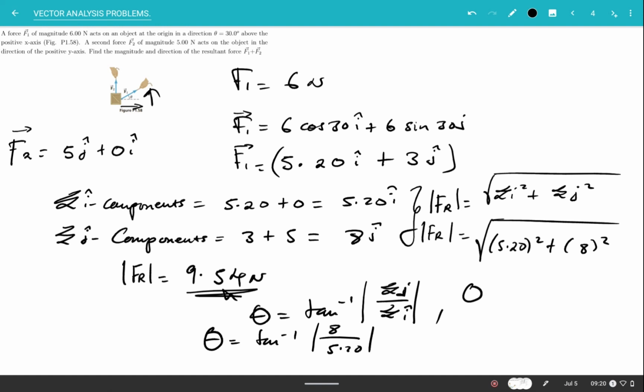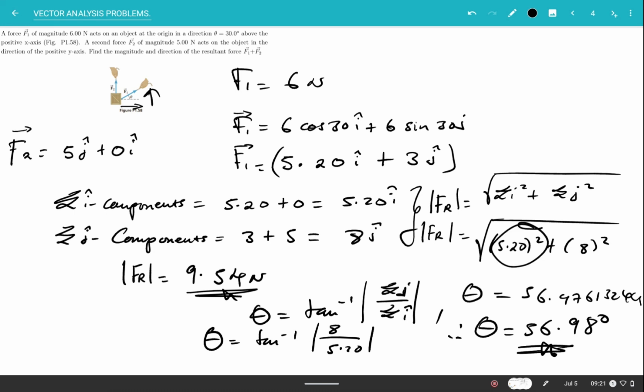If you do 8 divided by 5.20, then do shift tan, you will get 56.9761324. Therefore, theta is equal to 56.98 degrees. Now, these components are positive here and there, so no need of checking the quadrant. It's in the first quadrant.